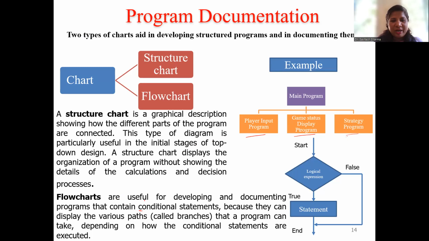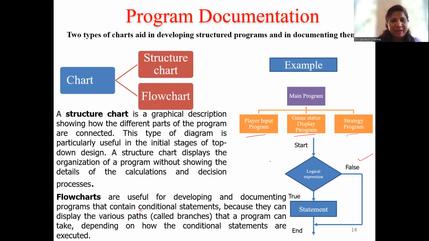But in the flow chart, you can add the decision process also. If you wish to take a decision based on a logical expression, if it is true, if it is false, you can use a flow chart. This is the example I am showing you there.